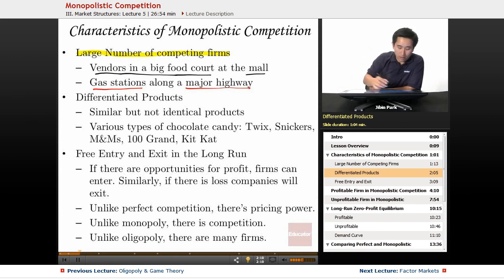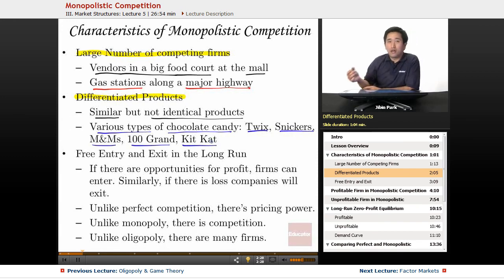The second characteristic of a monopolistically competitive market would be differentiated products. So you're not selling the exact same thing. It's similar but not identical products. For example, there are various types of chocolate candy. You have Twix, Snickers, M&M's, 100 Grand, or Kit Kat. There's similar but not identical jeans. There's similar but not identical economics textbooks.